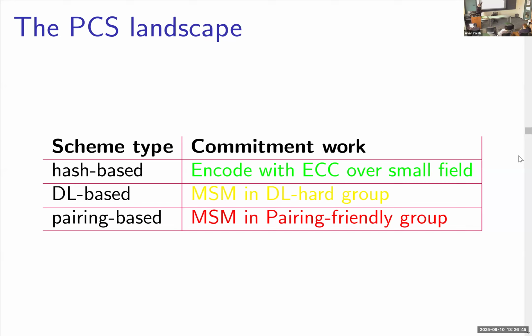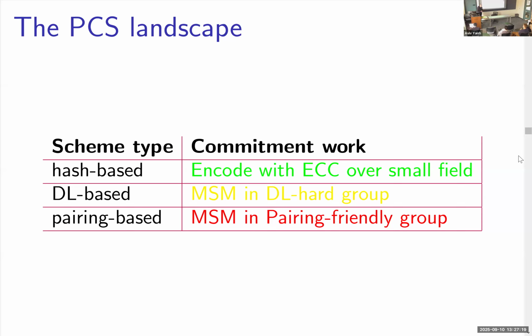Asymptotically, people are using Reed-Solomon in practice, which is n log n time, but at least in theory you have codes with O(n) encoding time. And in DL, for the MSM, you need to use this thing called Pippenger, which gives you something like lambda n over log n, and lambda over log n has to be super-constant theoretically for security.